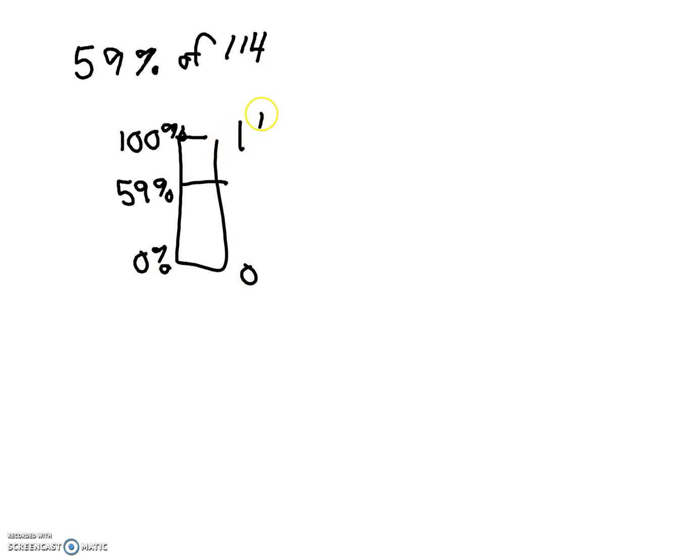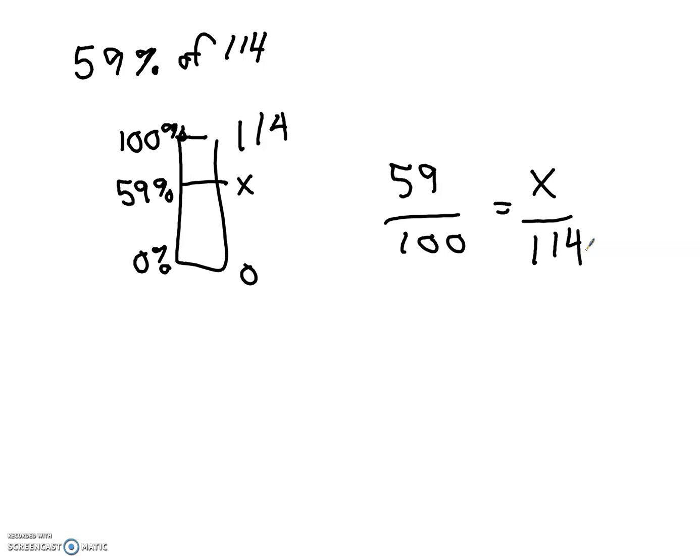I had 0, 114, X. And every time I've been taking this 59% and writing it over 100, and then over here doing X over 114. So I always get this 59 over 100 and then multiply by 114.